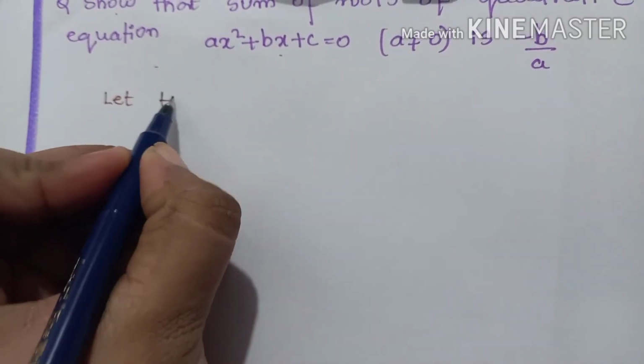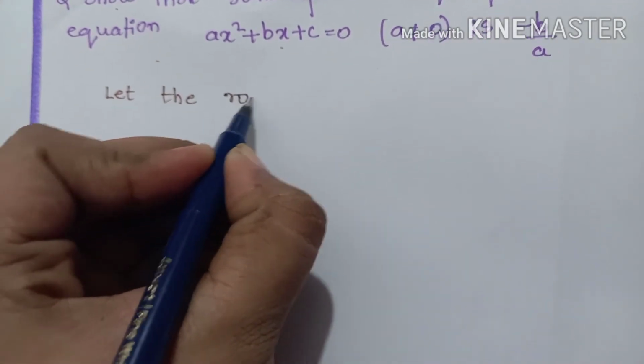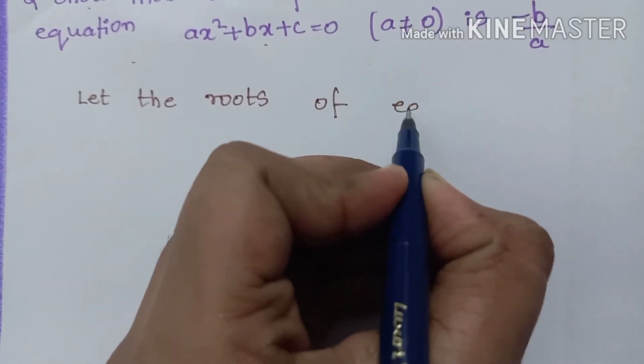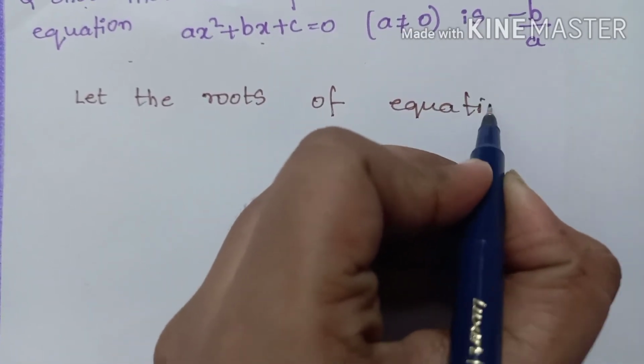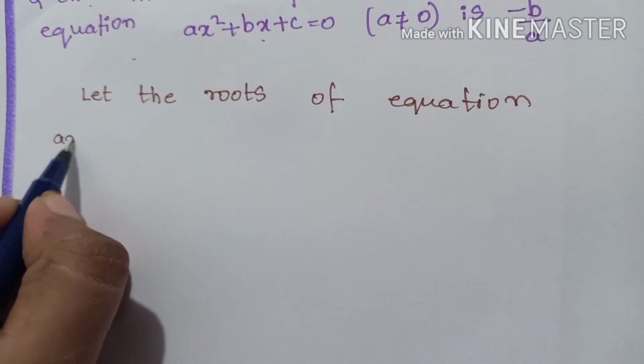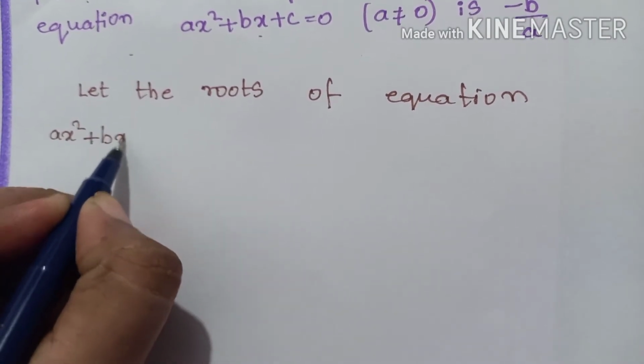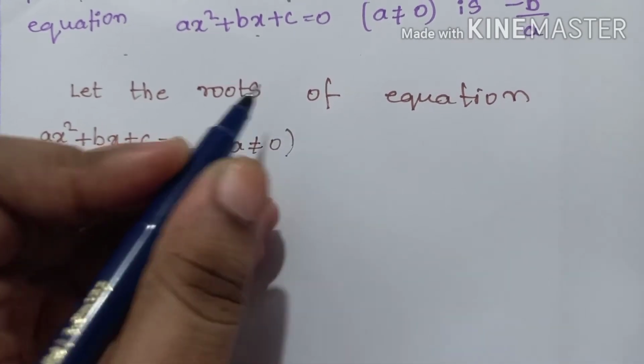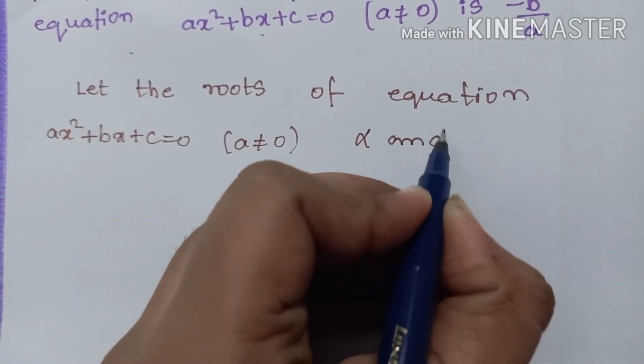Let us assume the roots of the equation ax square plus bx plus c equals 0, where a is not equal to 0, as alpha and beta.